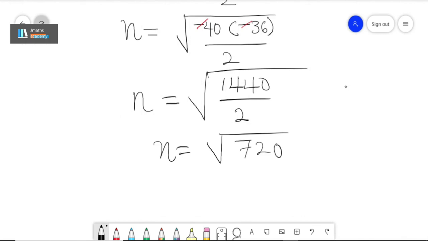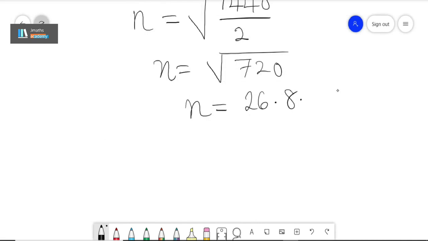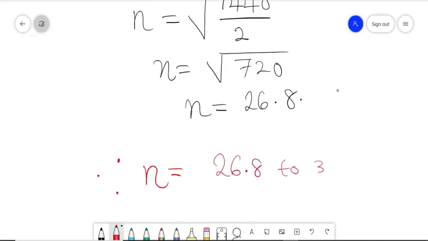If you use your calculator, 1440 over 2 will give us 720, and the square root of 720 is 26.8. So therefore, the value for n is equal to 26.8 to 3 significant figures.